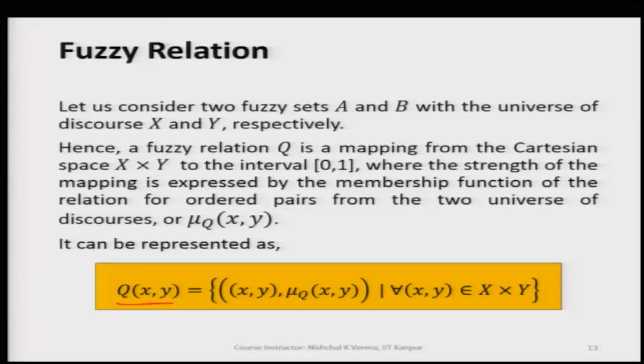One more thing has to be noted here: when we are going for the Cartesian product, we need to understand that the Cartesian product fuzzy set will have an increased dimension. Fuzzy set A is defined in the universe of discourse capital X, and the generic variable value here is small x, whereas fuzzy set B is defined in the universe of discourse capital Y, and the generic variable value here is small y.